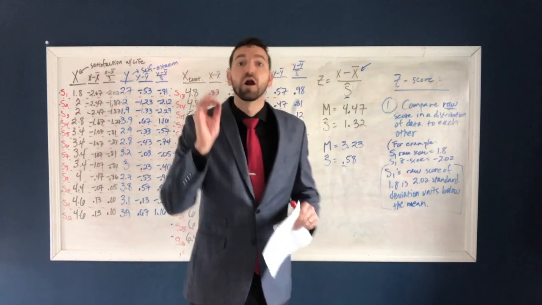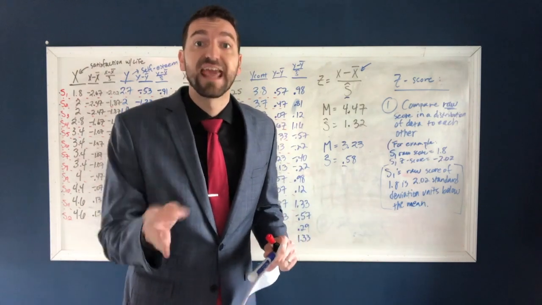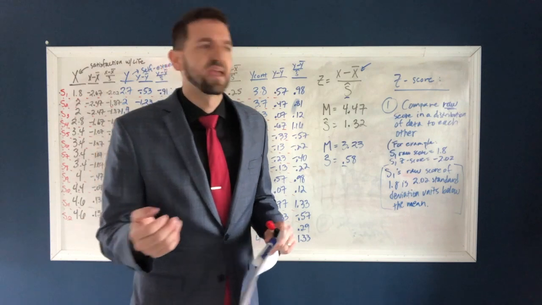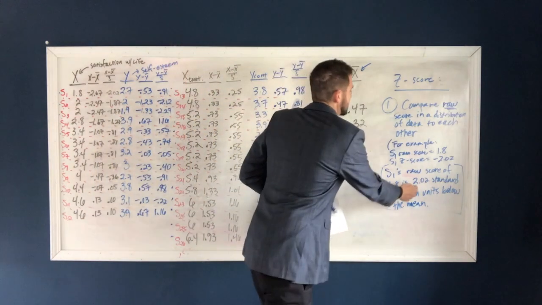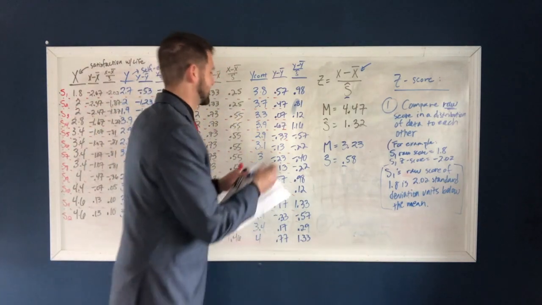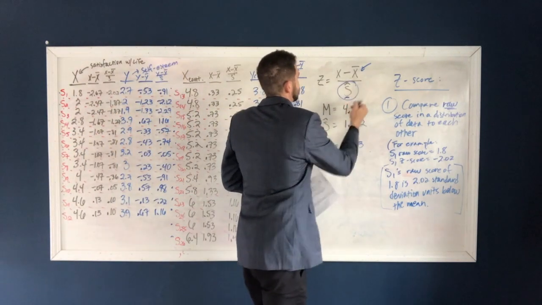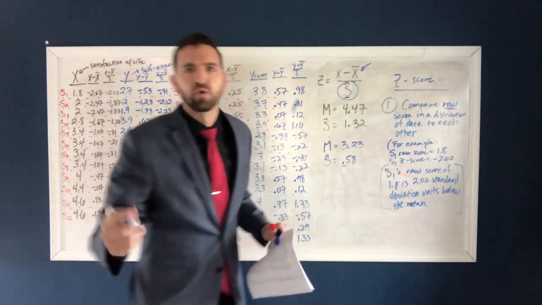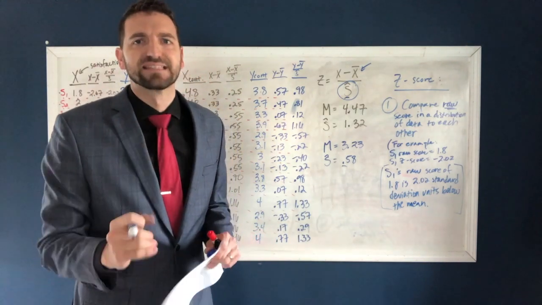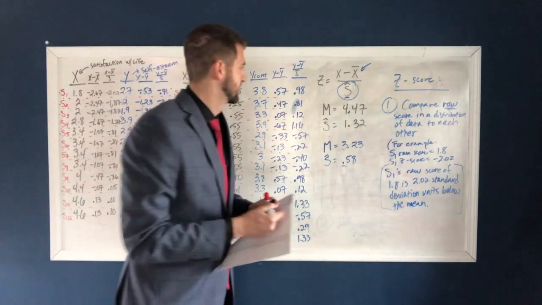Okay, so below the mean comes from the fact that it's a negative number. Otherwise, it would be above the mean. And the reason why we say standard deviation units is because we're taking that deviation score and we're dividing by the standard deviation. That's what gets us that interpretation.